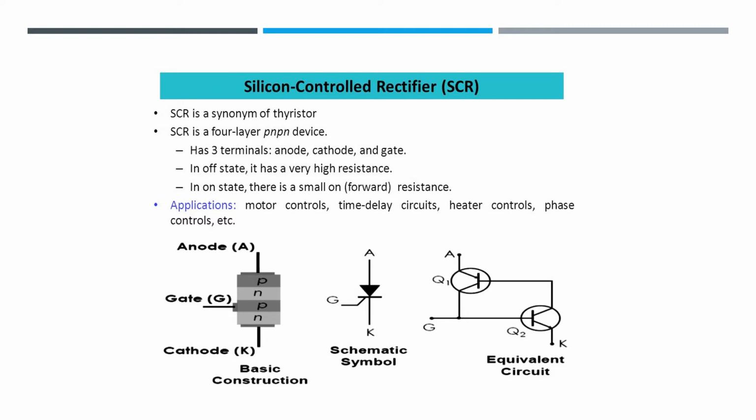Its applications are numerous, such as in motor controls, time delay circuits, heater controls, phase control, etc. Now here in these figures, the basic construction is shown in the first figure, and then here is the symbolic representation of the PNPN diode and the equivalent circuit, where two diodes are seen to be working. The anode is at the top, the cathode at the bottom, and G is the gate through which the SCR functions are controlled.